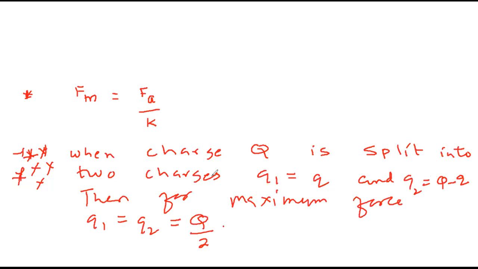Just write down, then I'm explaining how it comes. So whenever they say a charge of 6 coulomb is to be split into two charges for maximum force, then Q1, Q2 will be 3, 3. If only Q is given, then Q by 2, Q by 2.